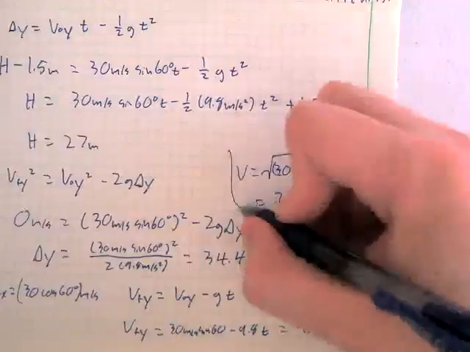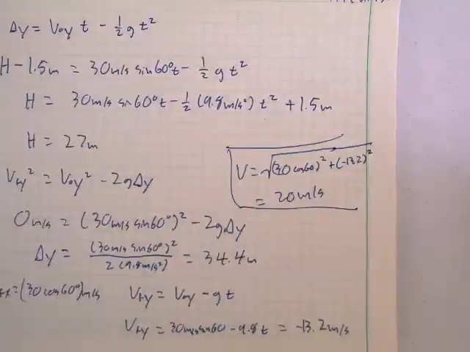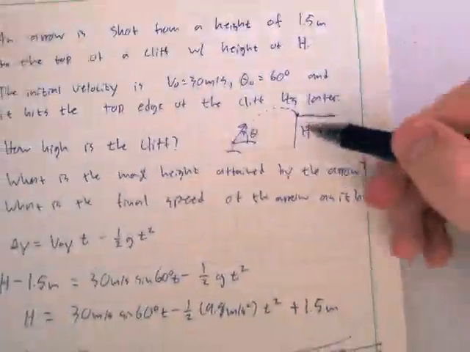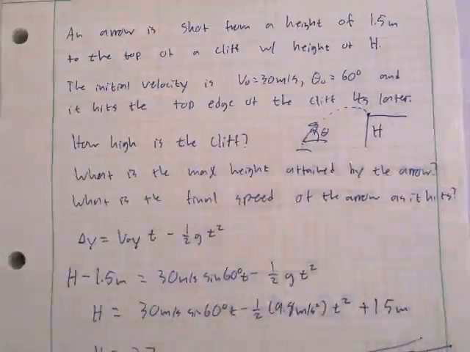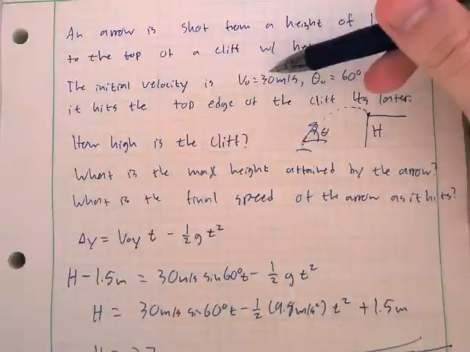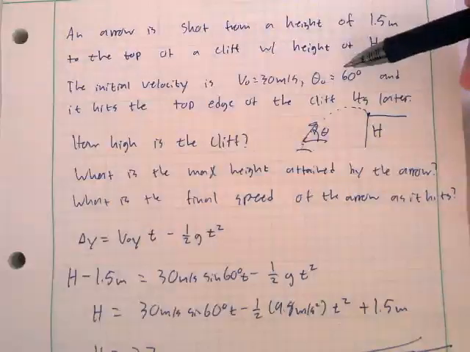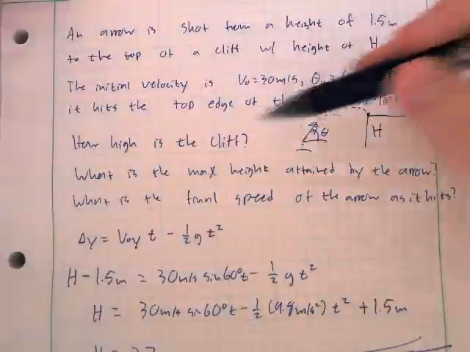So that's what our final speed of our arrow is right as it hits the top edge of this cliff that we have here. So again, this is just kind of a more general problem. We're given, in this case, our initial speed and our initial launch direction. With that, we can break our initial velocity down into its components. From there, we can figure out how high the cliff is.